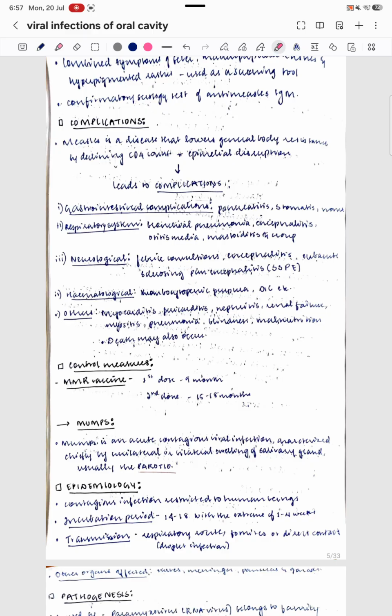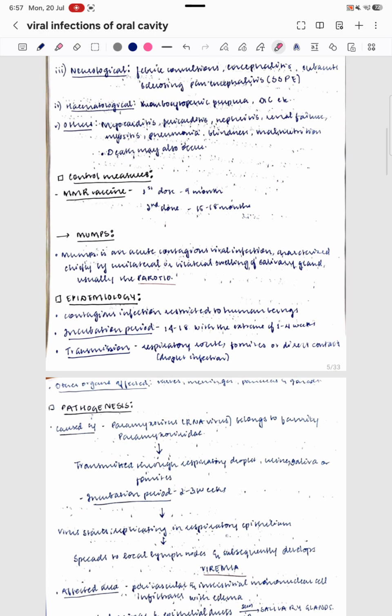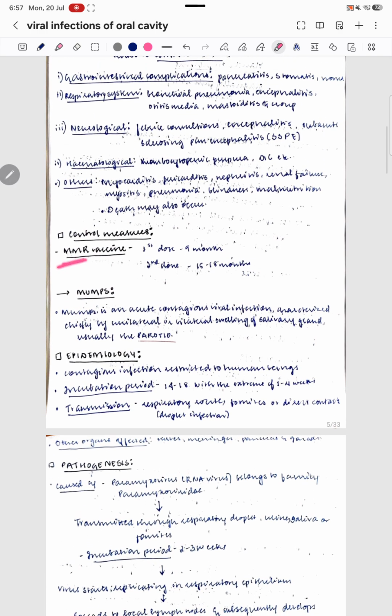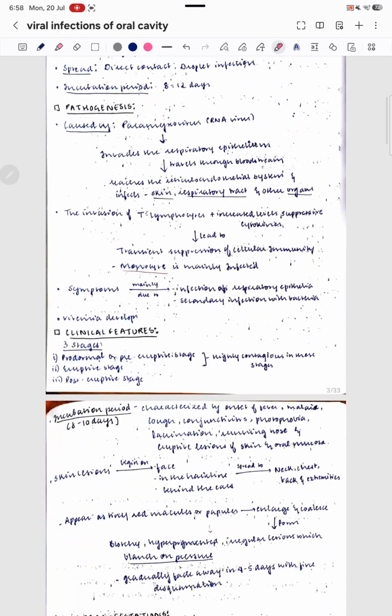Others include myocarditis, pericarditis, nephritis. As a control measure, there is the MMR vaccine, the measles vaccine, which is given. The first dose is given at 9 months and the second dose at 15 to 18 months. So that is about measles.